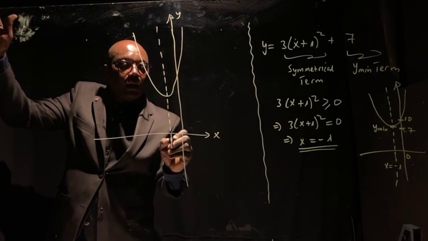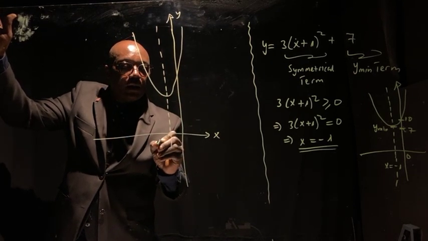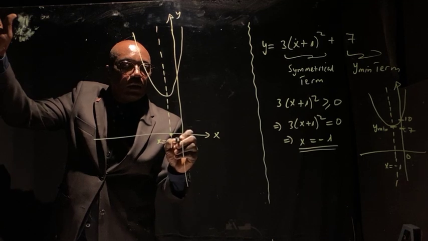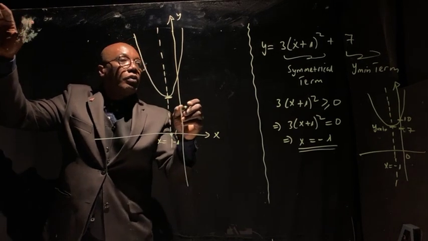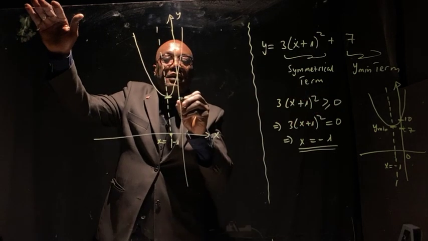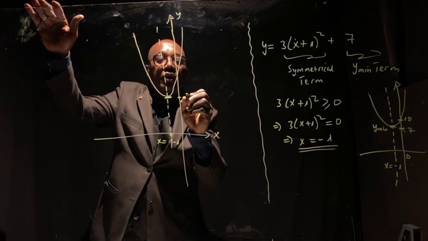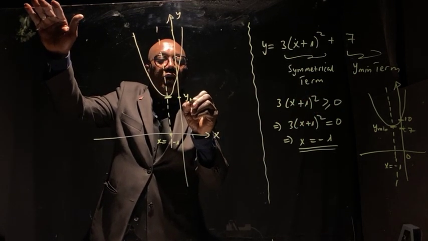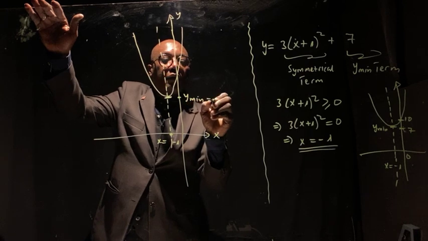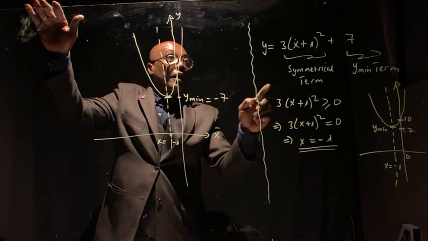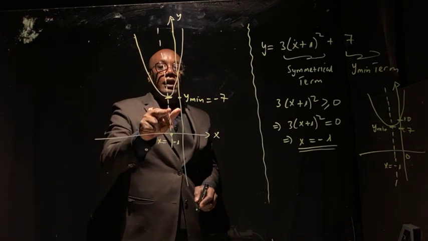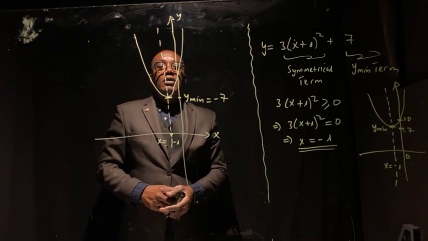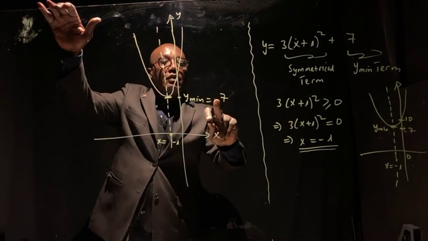And this one here is x equals minus 1. And this is the y minimum, which is plus 7. And the symmetry, yeah.